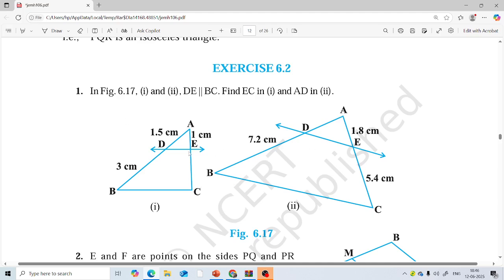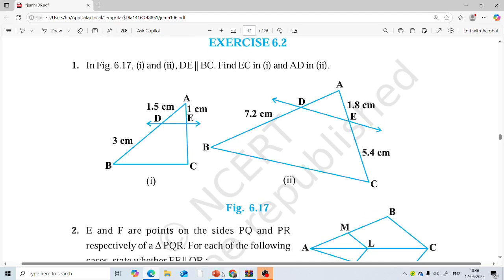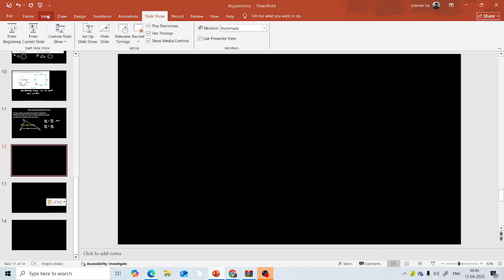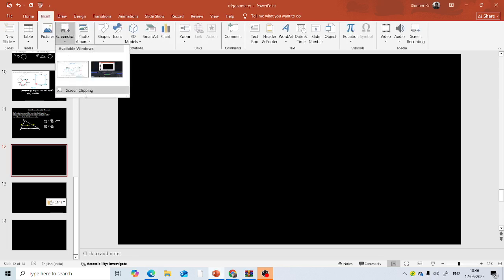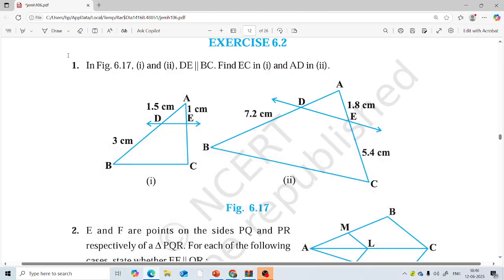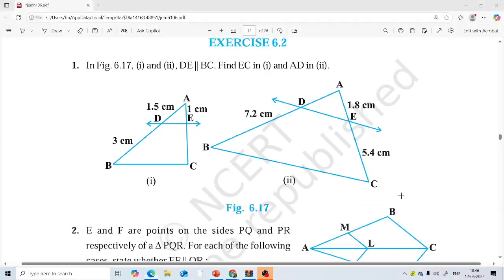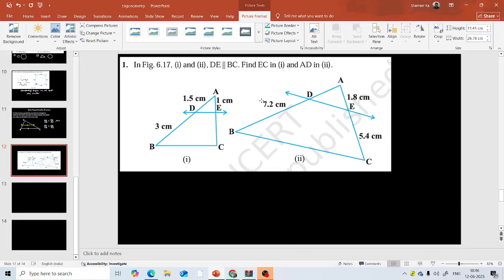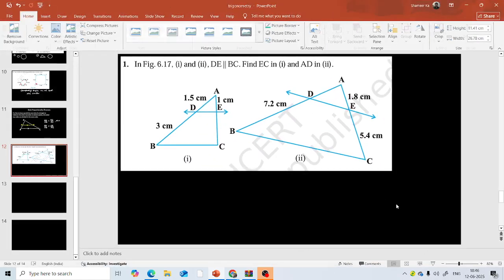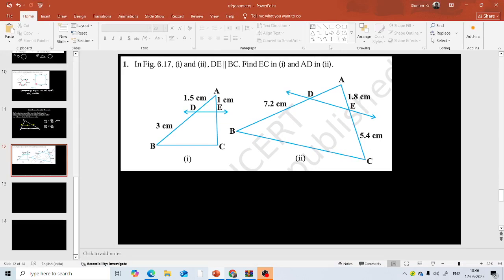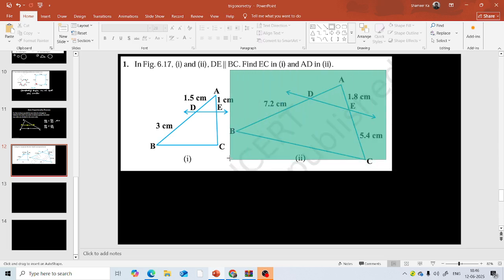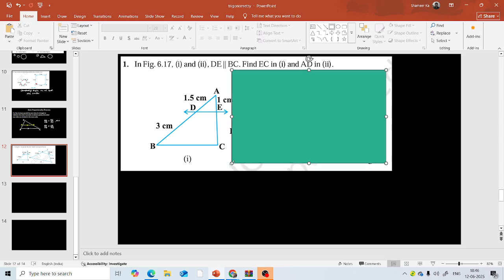Let me discuss the first question. For the time being, let us focus on the first figure only. Initially, don't look at the second diagram, because it will cause confusion.